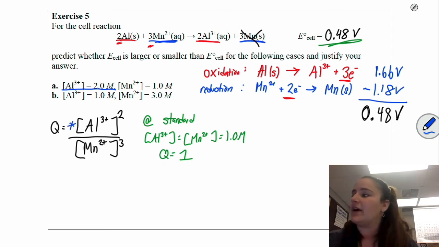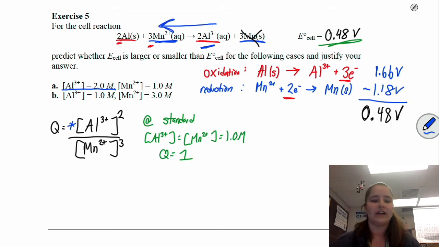Now, if we have an increased concentration of aluminum 3 plus, that is in our denominator, and it's also on this side of the equation. So when you increase the concentration of that, it is going to shift the reaction to the left. It's going to cause fewer products. Q is going to be greater than K, or than 1. If it shifts to the left, that means you're going to get less electrons, and the reaction's not going to go as fast.